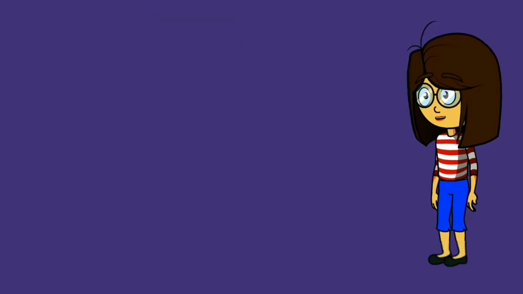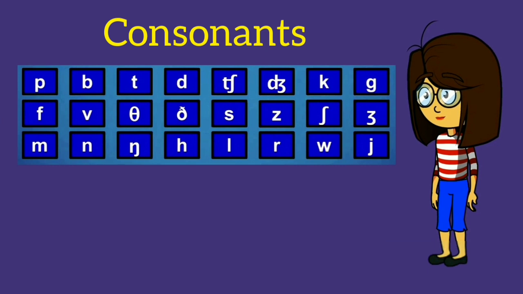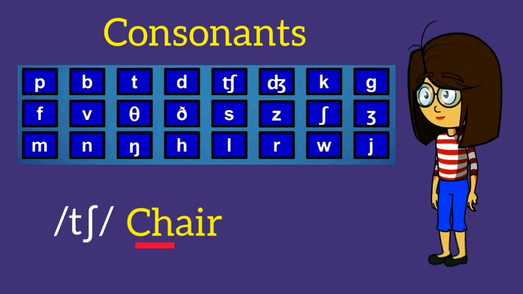And finally, the consonant sounds are P, B, T, D. Next is itch, as in the word chair. It sounds like the Tamil letter itch.